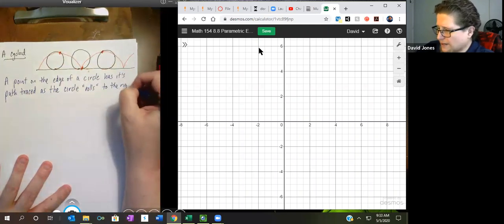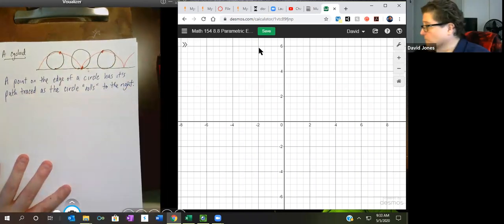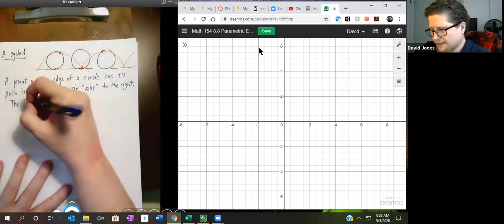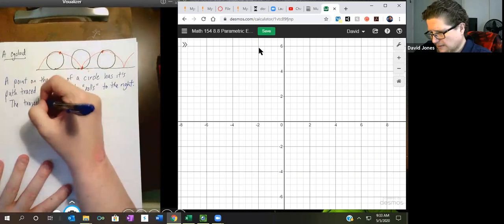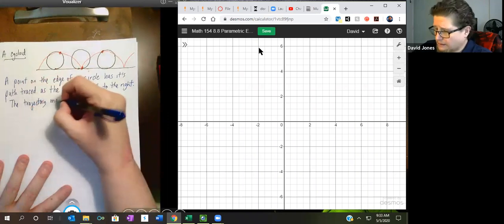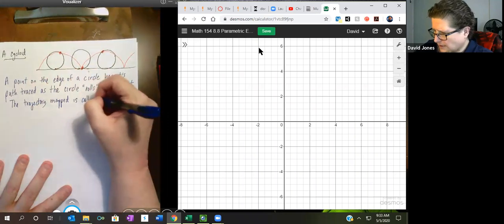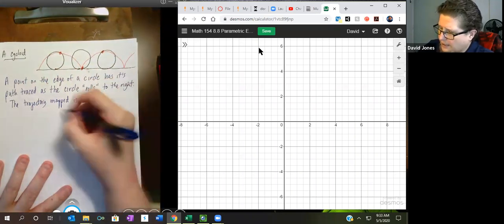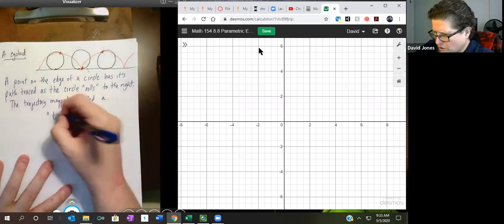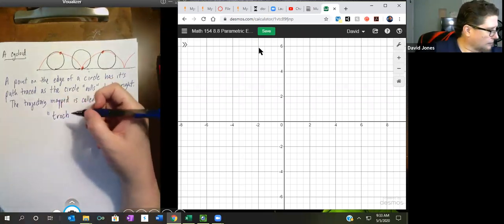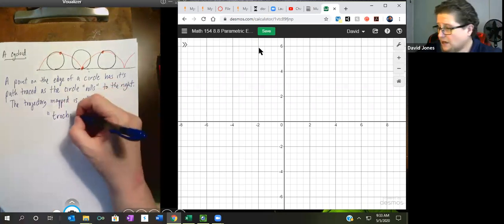It doesn't have to be the right, but that's the way I did it. The trajectory mapped is called a trochoid. Is it OI or IO? Let me look. I wrote it down. OI.